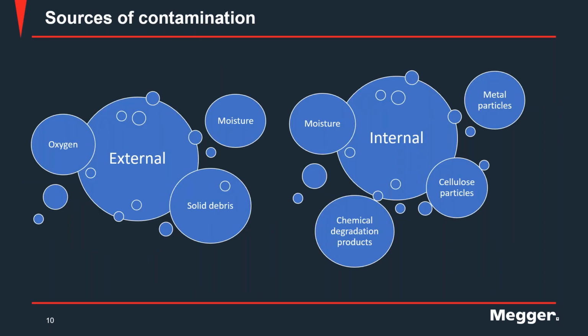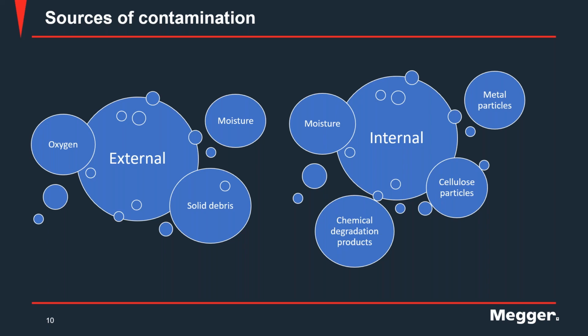These processes that we talked about are influenced by different factors. These factors can be internal or external. External factors include moisture. Moisture ingress can occur through leaked gaskets, exposure to oxygen. Solid debris can enter when the transformer is open for maintenance.